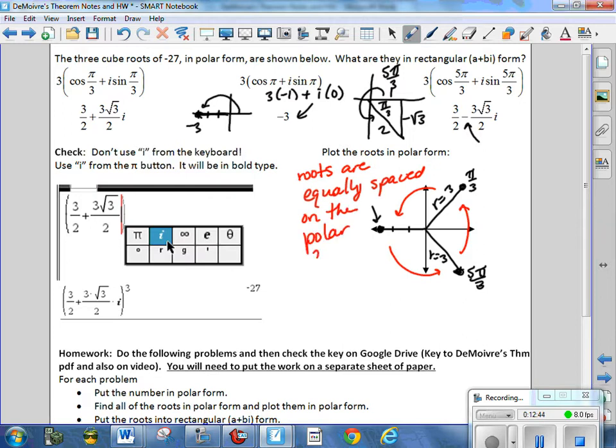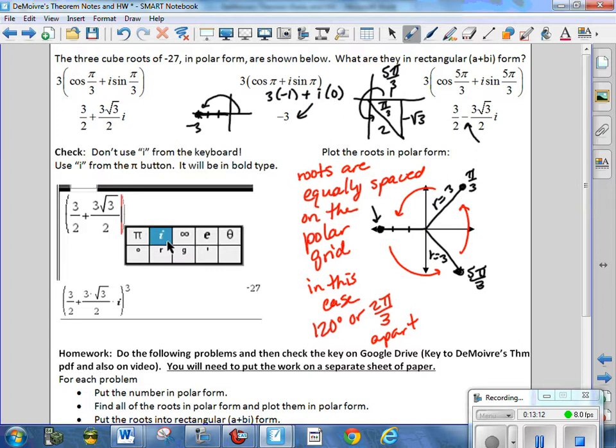So if I had 4 roots, you would expect them all to be 90 degrees or pi over 2 apart. If I have 6, they're going to be 60 degrees or pi over 3 apart. So in this case, 120 degrees or 2 pi over 3 apart. So that's something you'll always notice.